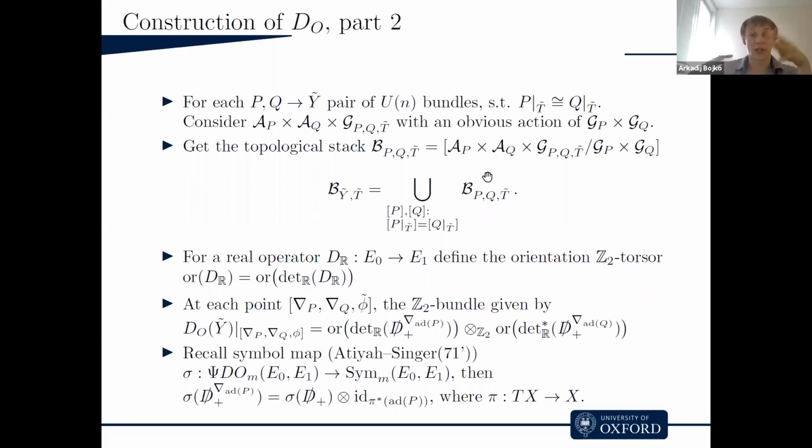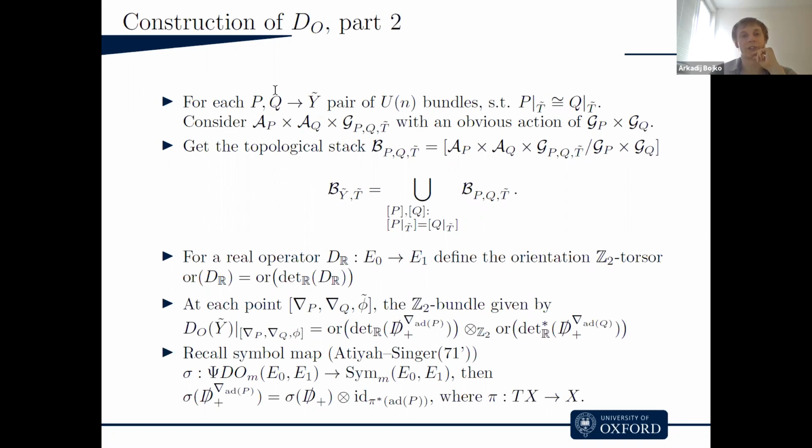And this is exactly what I'm going to be using to construct my Z2 bundle. So I take two U(N) bundles on this glued spin manifold Y tilde.